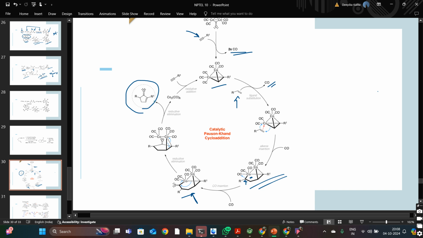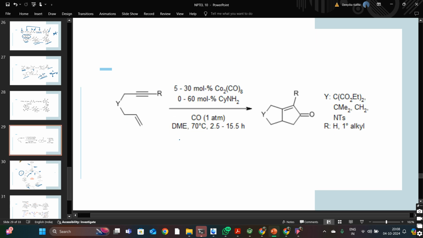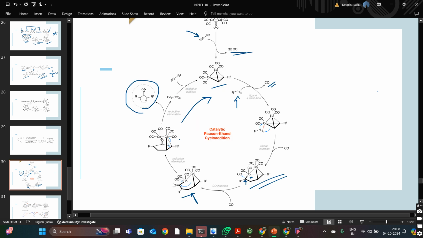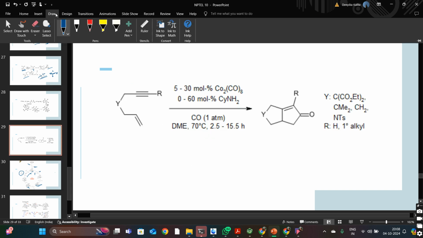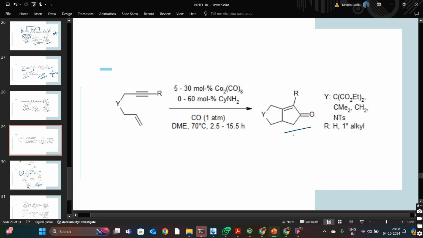And the catalytic cycle will go on. So this is the mechanism of the very well known Pauson-Khand reaction. So this is how this reaction is following the mechanism to give us this cyclopentenone, starting from this alkyne and this alkene.